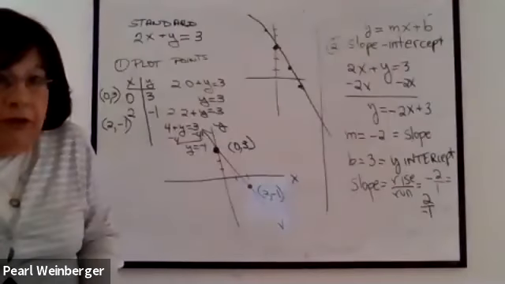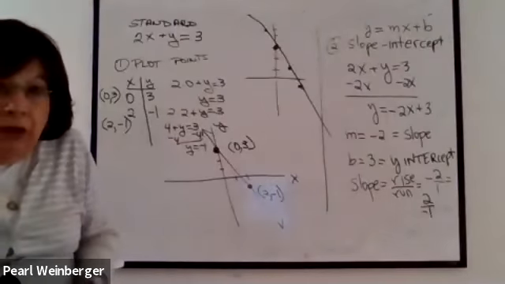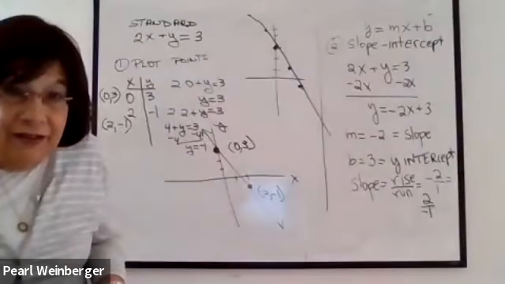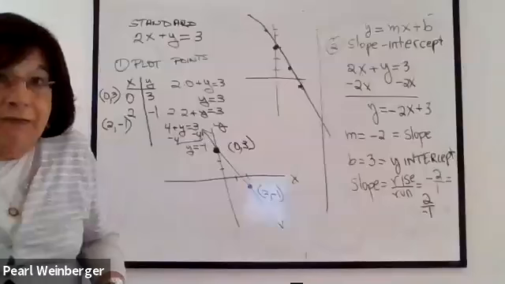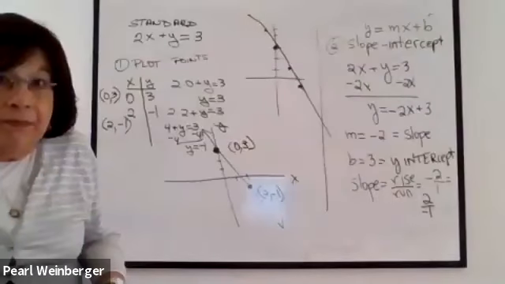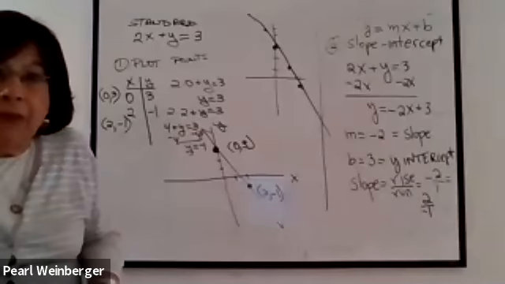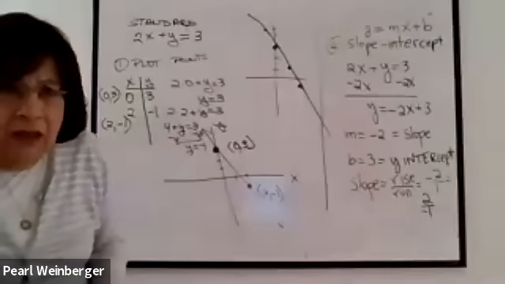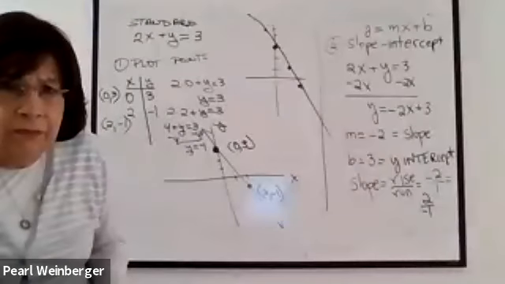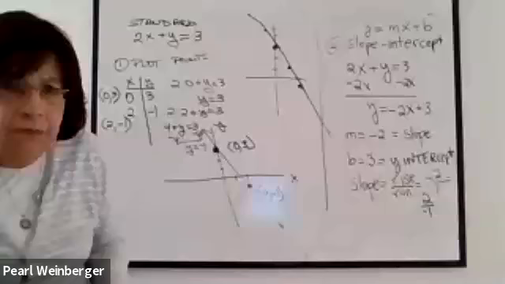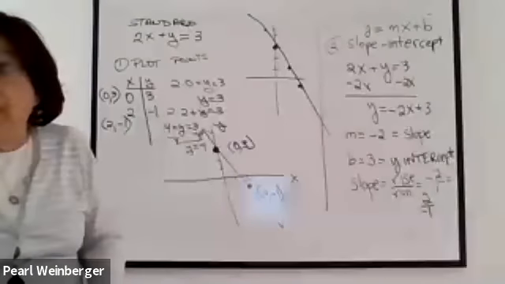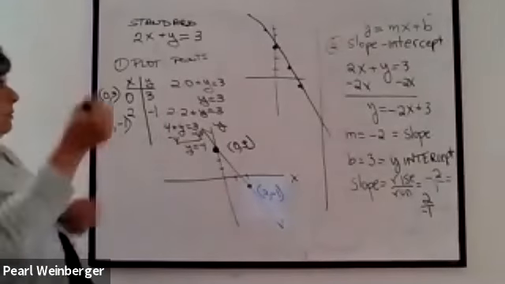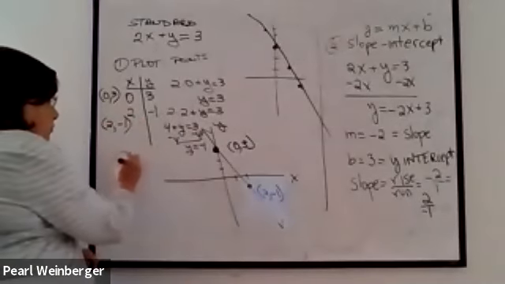I have a question. Sure, go ahead. Is the run always going to be -1 or 1 for any equation? I'm sorry, I'm not following the question. I said if the rise over run, the run is always going to be 1 or -1. No, sometimes you might have a slope, let's say it turned out that your slope was 2 over 3.